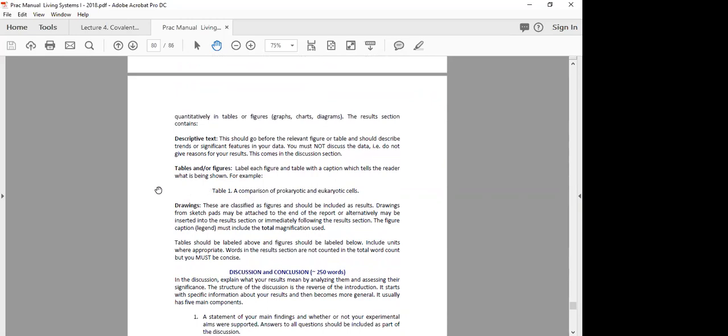So if you present a graph as part of your results, it's not referred to as graph 1, it's referred to as figure 1, and that figure caption is placed below the actual graph. All right, that's explained here. Tables should be labelled above, figures should be labelled below.